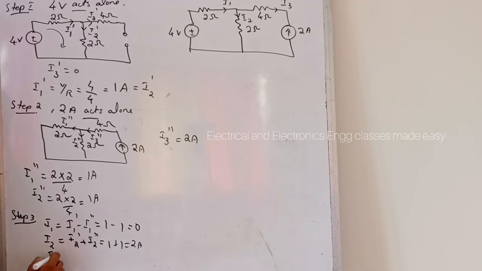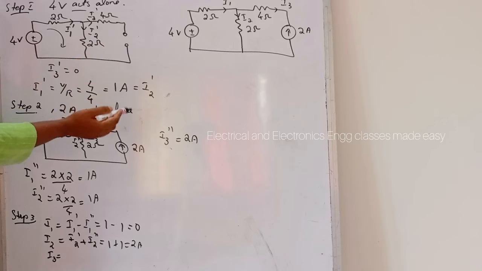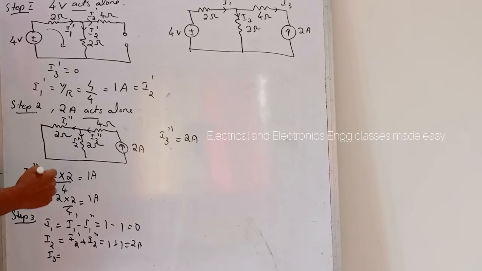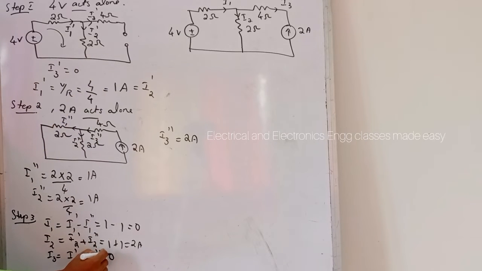So I3 is equal to I3 dash in this direction, and I3 double dash in the opposite direction. So I3 dash minus I3 double dash, that is 0 minus 2, equal to minus 2 ampere.